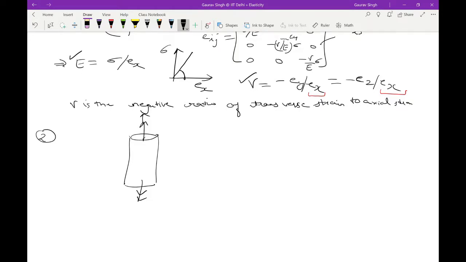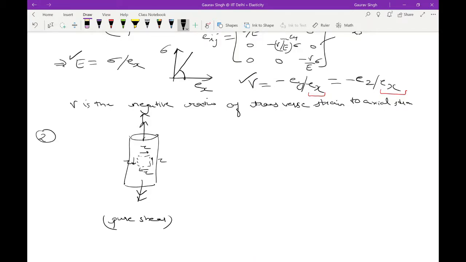This is a convention which is very clearly known, and it's just like if you hold a pen from one hand and try to twist it from the other hand, other fingers, this is the same sort of a loading which you apply. And this is called a pure shear situation, in which you would have a tau, you would have a tau, you would have a tau, and tau.